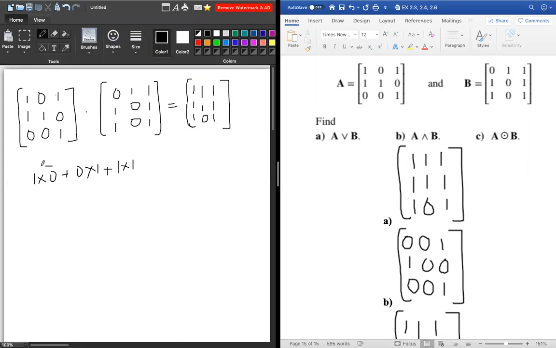So here, this is 0, this is 0, this is 1. So 0 plus 0 plus 1 equals 1, and therefore we get this 1 over here. Okay, likewise you do it for all of them, and then we get the other entries in the matrix.